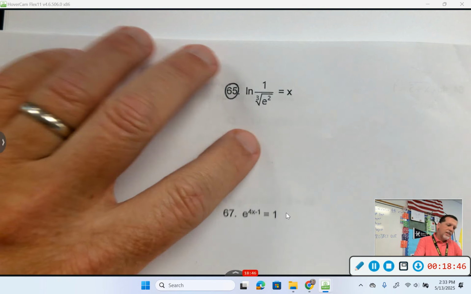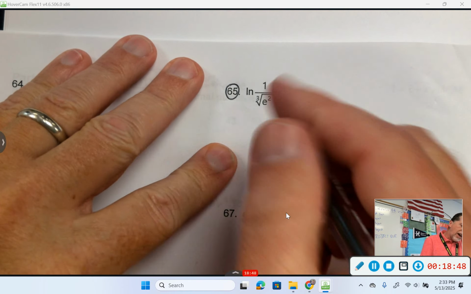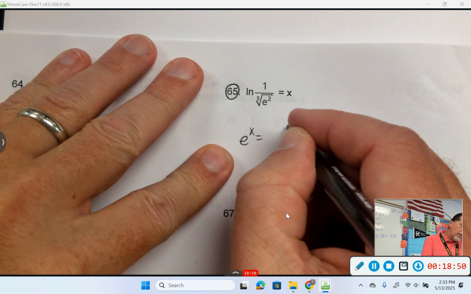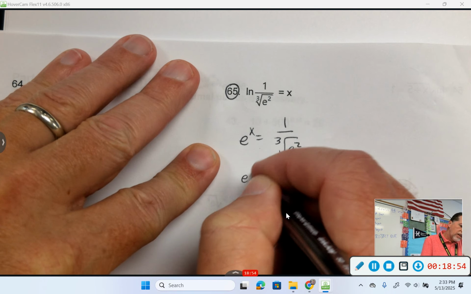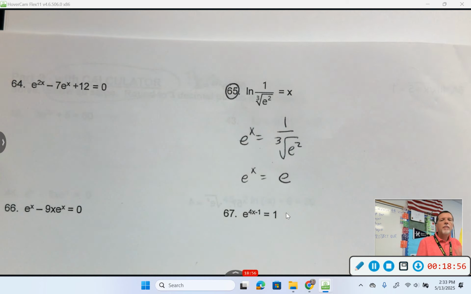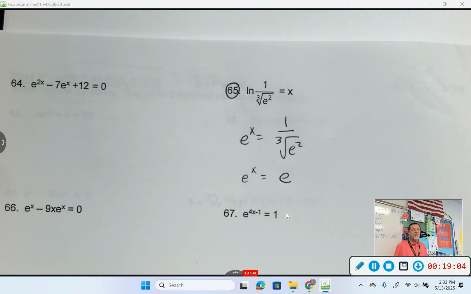Fishhook. So e to the x equals 1 over cube root of e squared. Maybe it would be wise to write 1 over the cube root of e squared as a power. So it's been flipped, squared, and cube rooted.